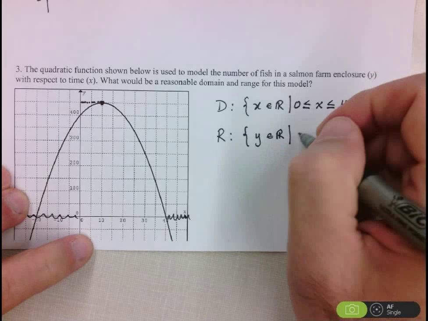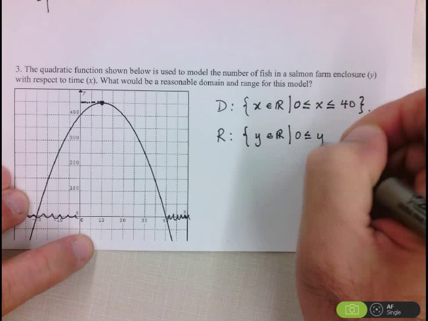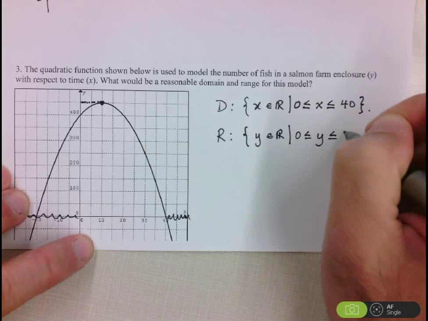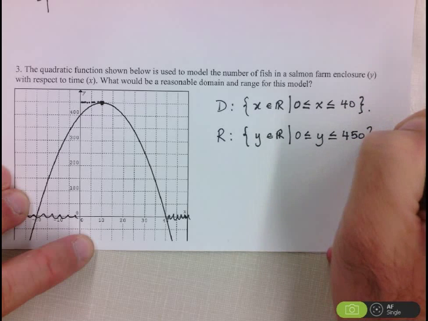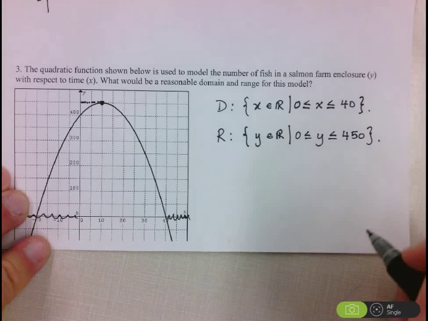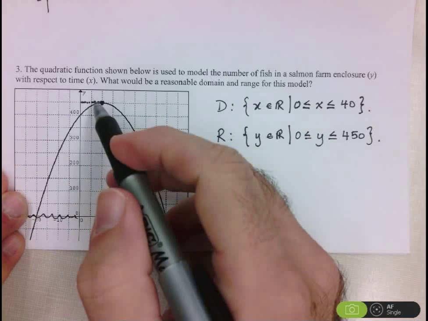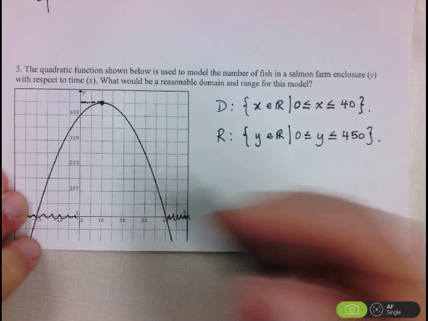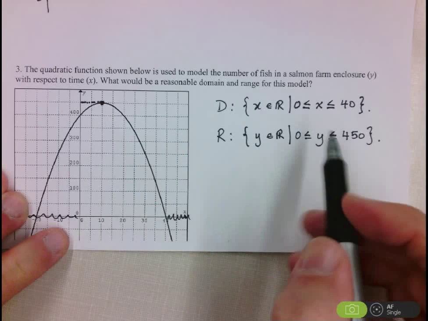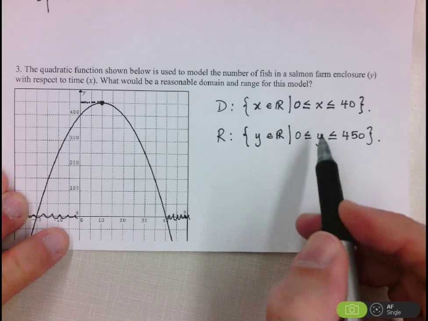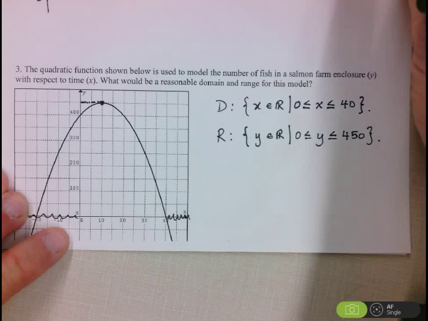So here we're going to have 0 less than or equal to y less than or equal to 450. Even though if this was just a parabola on its own, it would be anything less than or equal to 450, you have to reason out that we don't want to consider anything below 0. Okay, let's move on to the last page here.